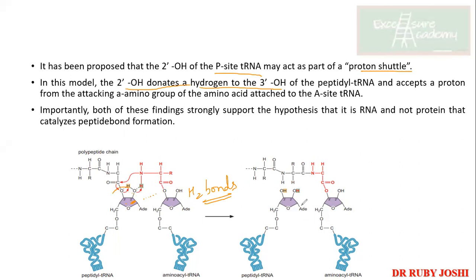That's why if you see 2'OH, this H is highlighted in red color. It means it has been taken from the amino group of the amino acyl tRNA. Are you able to follow this? Right? And 2'OH का जो H था वो आपने 3'OH को दे दिया है. Okay?